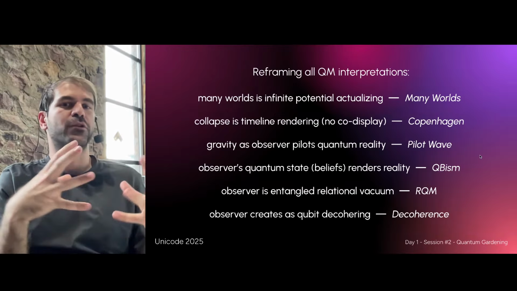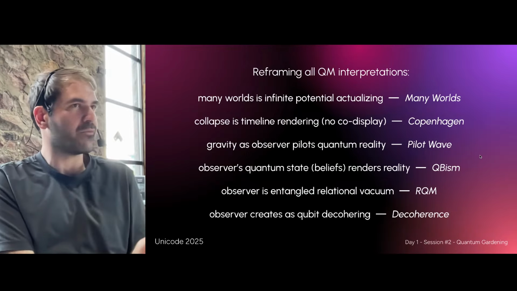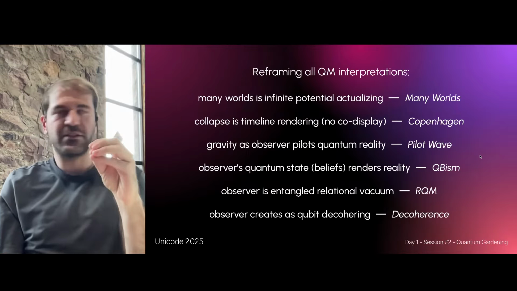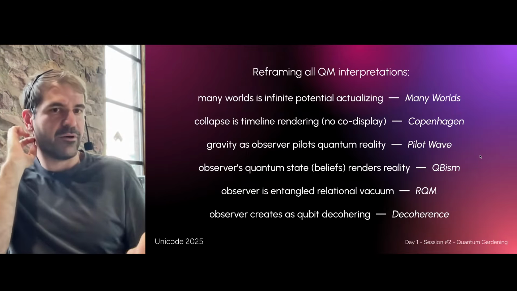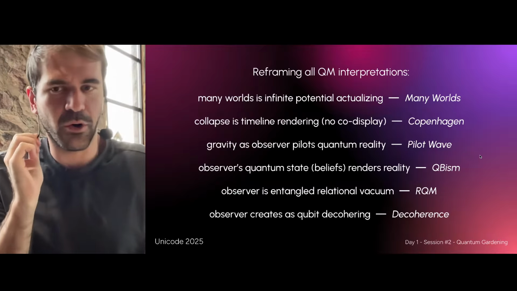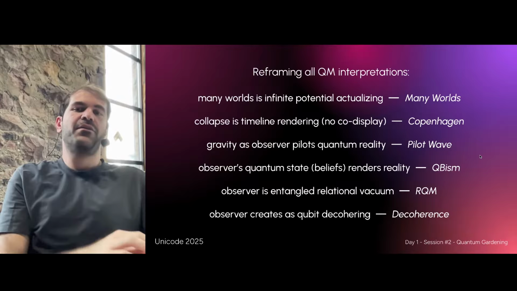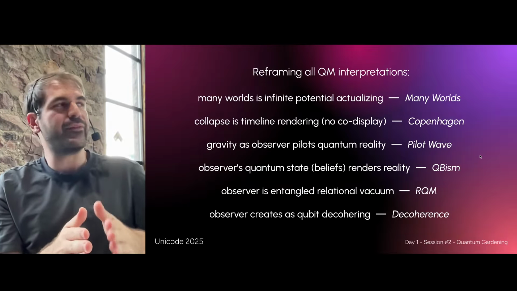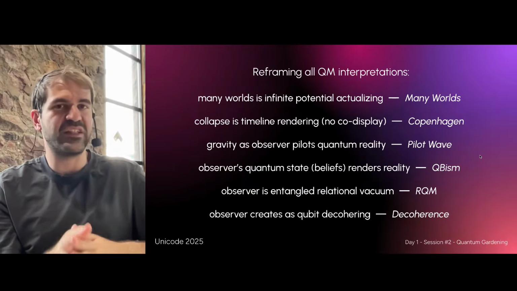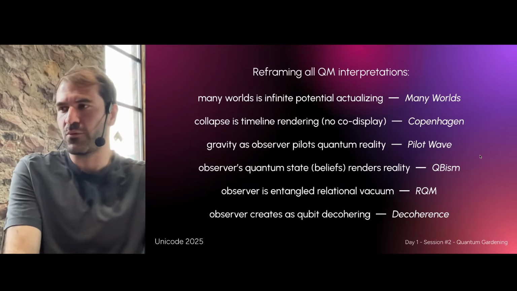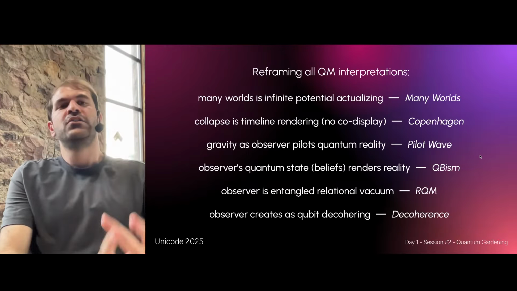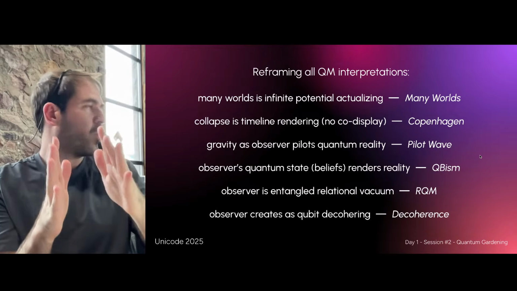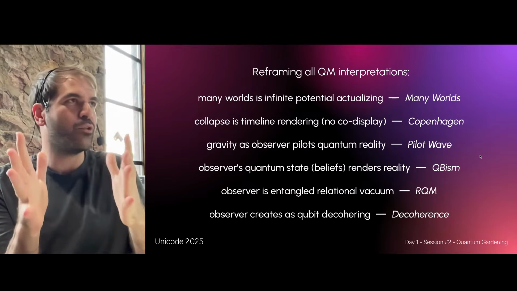So the observer is an entangled relational vacuum. We're going to break down all of these into a little bit more depth as we keep going, just so you know also. And then the observer creates as a qubit that's decohering. That's your decoherence interpretation of quantum mechanics as well. So all of these interpretations make up one thing called capital YU and how you work.